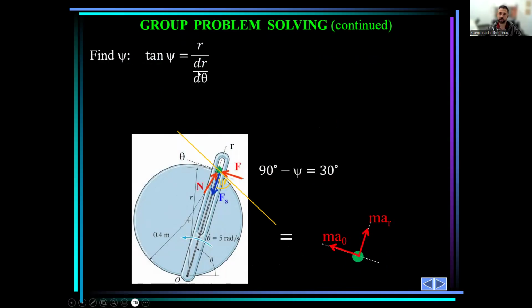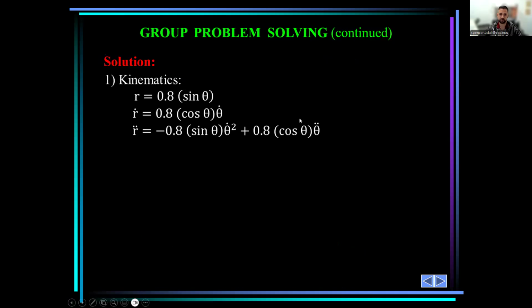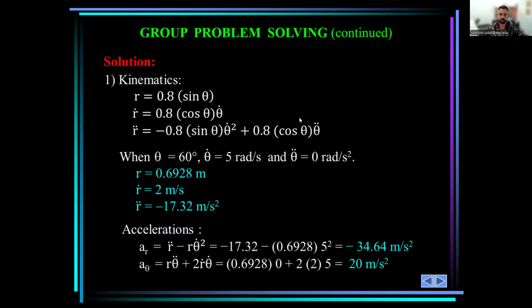We're also going to need that angle psi. So this was the equation we derived earlier. We could solve that by finding R, which we did. R is 0.8 sine theta, plug in 60. We've got R is 0.6928 meters.